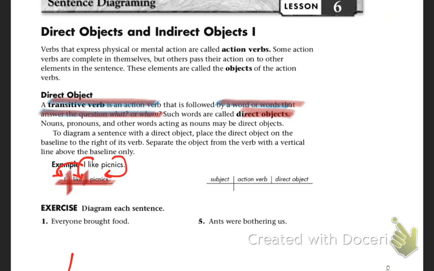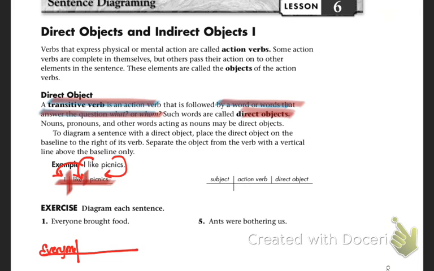Okay. So now let's take a look at number one. Everyone brought food. What do I need to do first? Make the baseline. Very good. What do I need to do next? Subject. I could put everyone on first, right? Everyone.